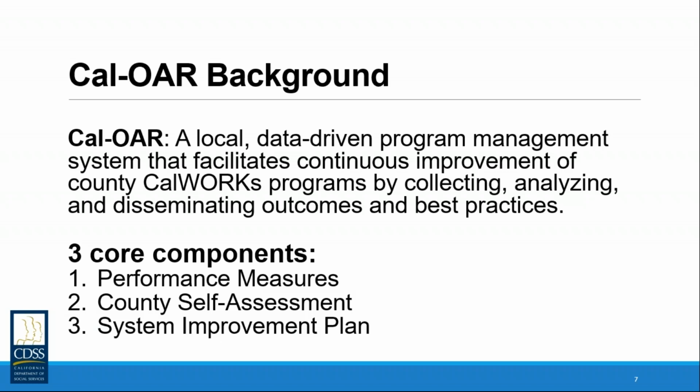This continuous quality improvement process will take place over the course of 3-year cycles. One of the core components of Cal-OAR is the new performance measures. These measures were developed by a stakeholder working group and will be utilized by counties in a critical assessment and reflection exercise known as the County Self-Assessment. The County Self-Assessment will be followed by development of a system improvement plan to design and implement strategies for program improvement.